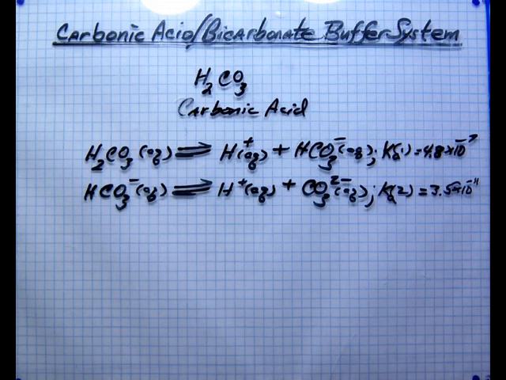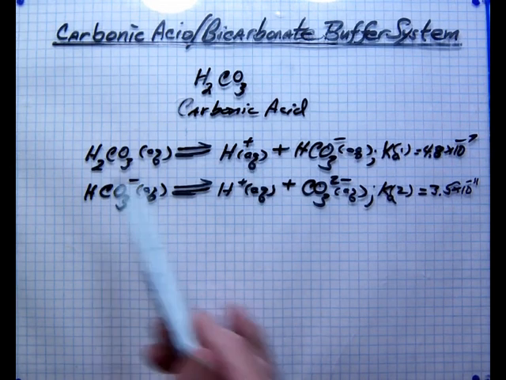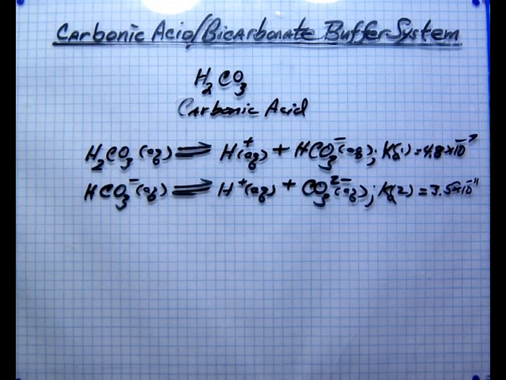So in the carbonic acid bicarbonate buffer system, it is generally accepted and assumed that all of the acid that is delivered into the system comes from the carbonic acid first ionization step.